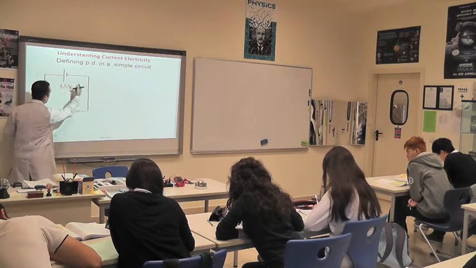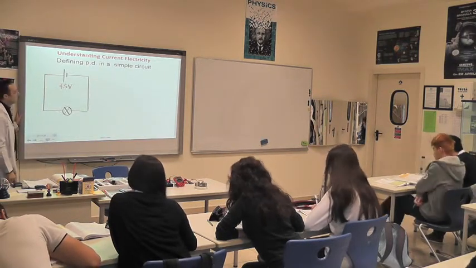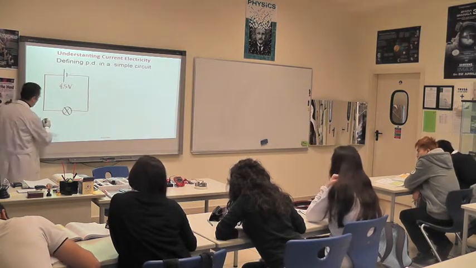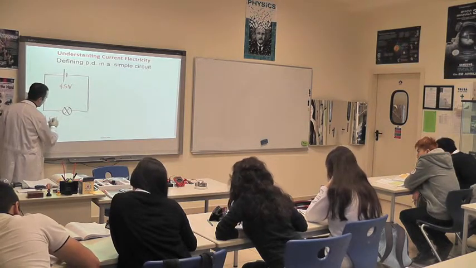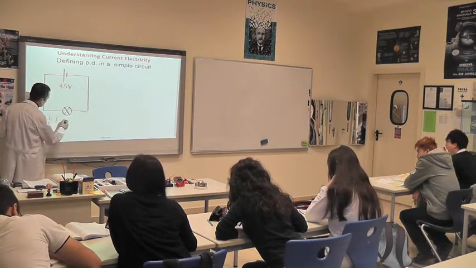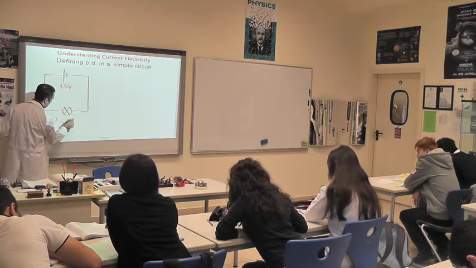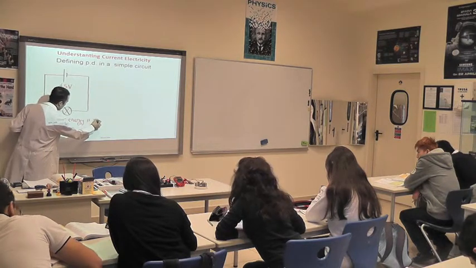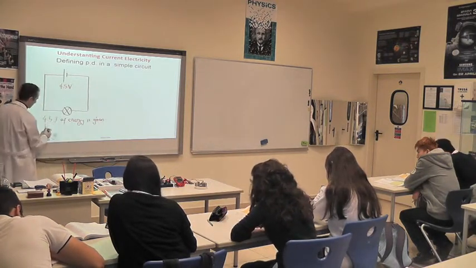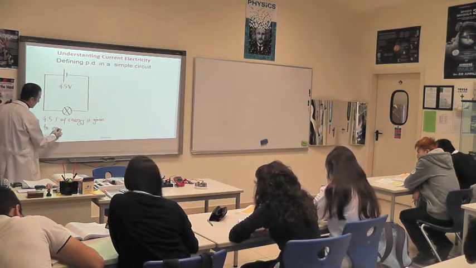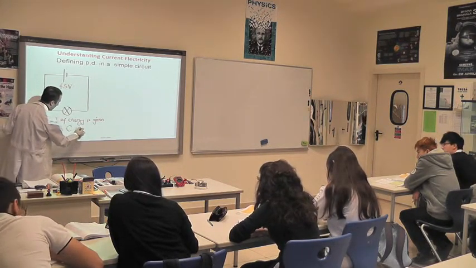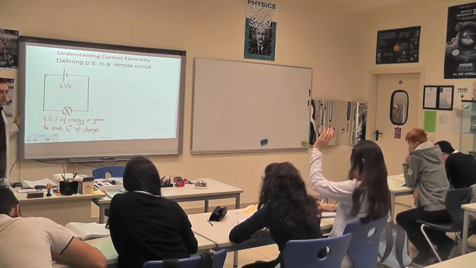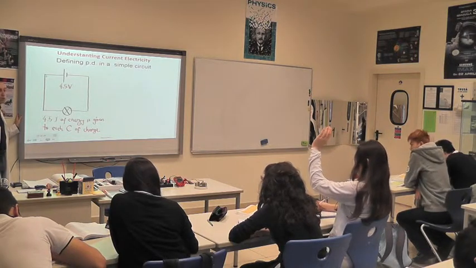This 4.5 volts of power supply provided by the cell tells us that 4.5 joules of energy is given, pay attention, to each coulomb of charge. Every single coulomb of charge in the circuit receives 4.5 joules of energy.